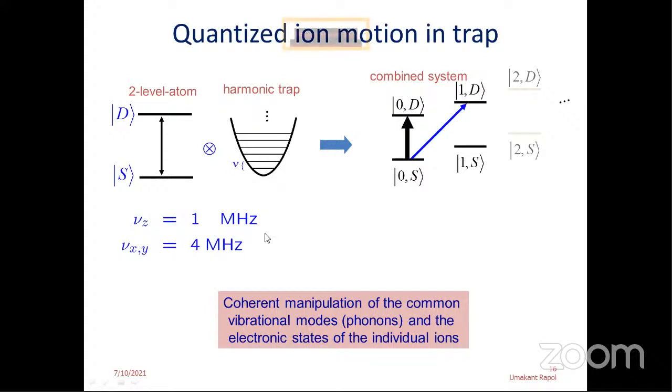In case of this three-dimensional electrodynamic trap, there are two frequencies: one along the axial direction and one along the radial direction. The radial frequencies are higher than the axial one.